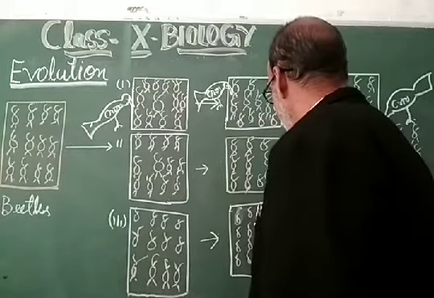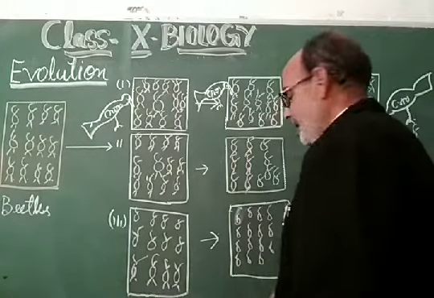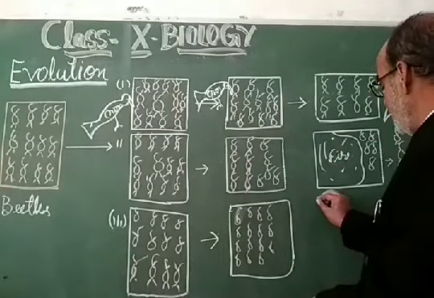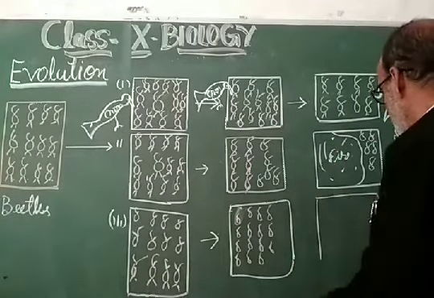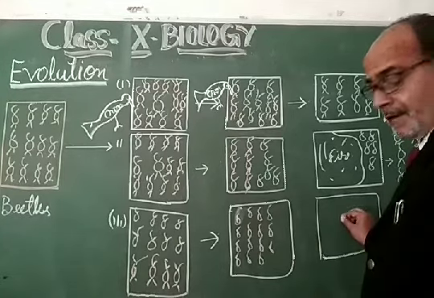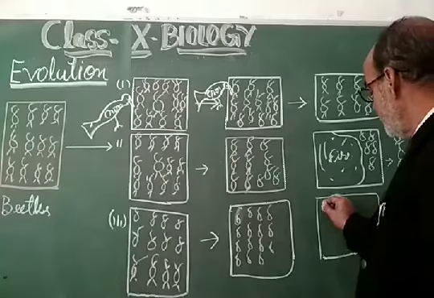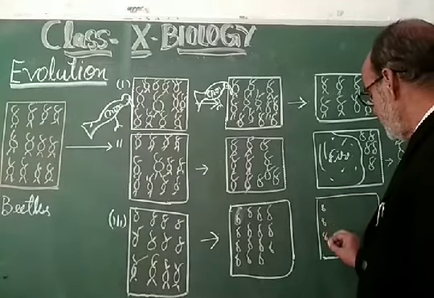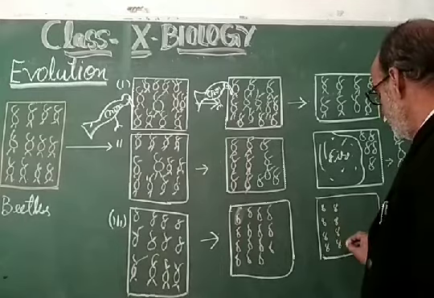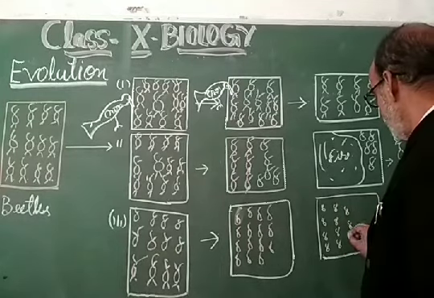They produce themselves, but they are poorly nourished, and their size gets reduced. In this case, their size gets more reduced. Their size gets more reduced due to the poor nourishment.